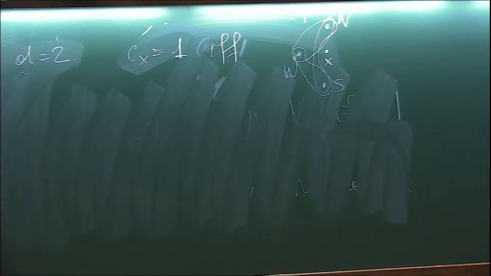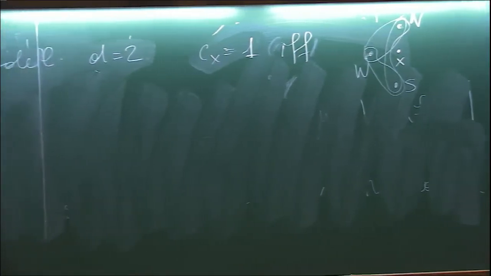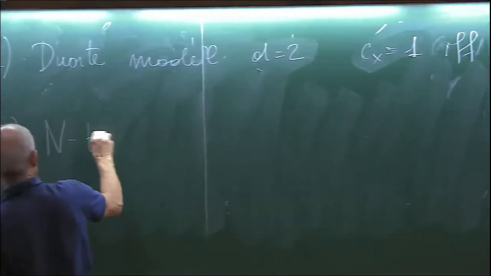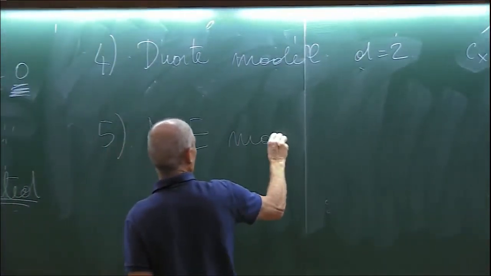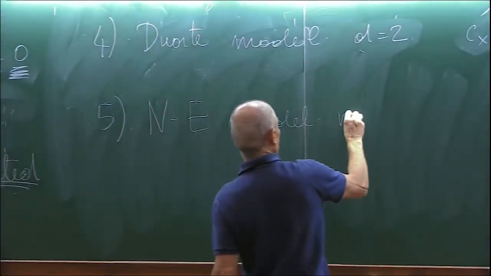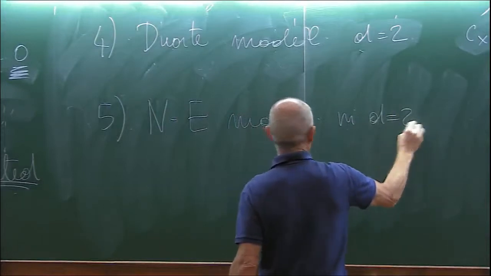So the last important model is the northeast model, and d equal to 2.